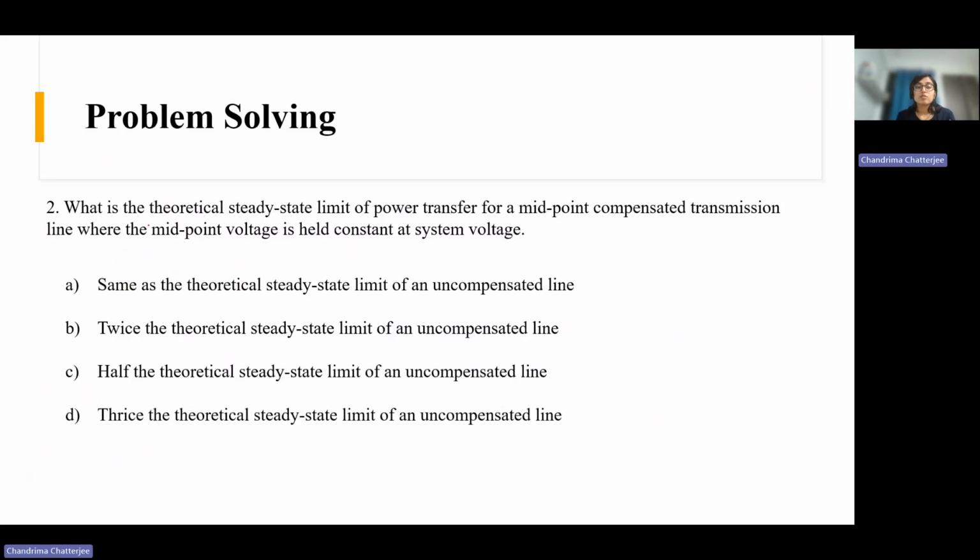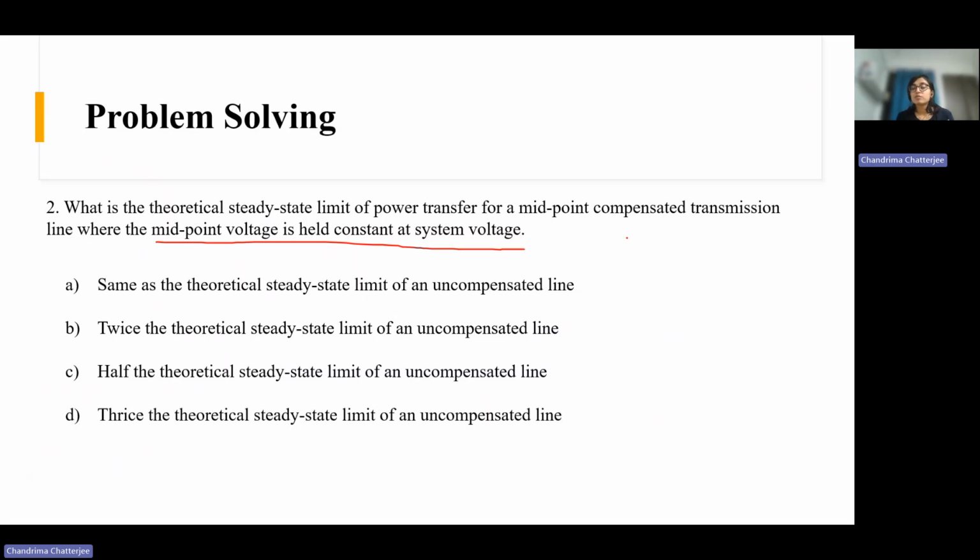Next question. What is the theoretical steady-state limit of power transfer for a midpoint compensated transmission line where the midpoint voltage is held at system voltage? So they are specifying that midpoint voltage is held at system voltage.